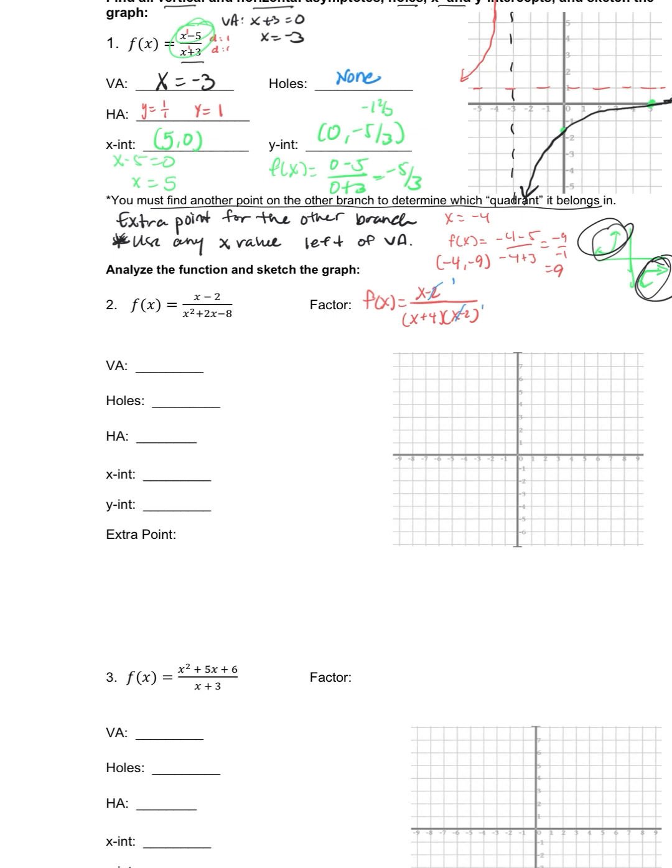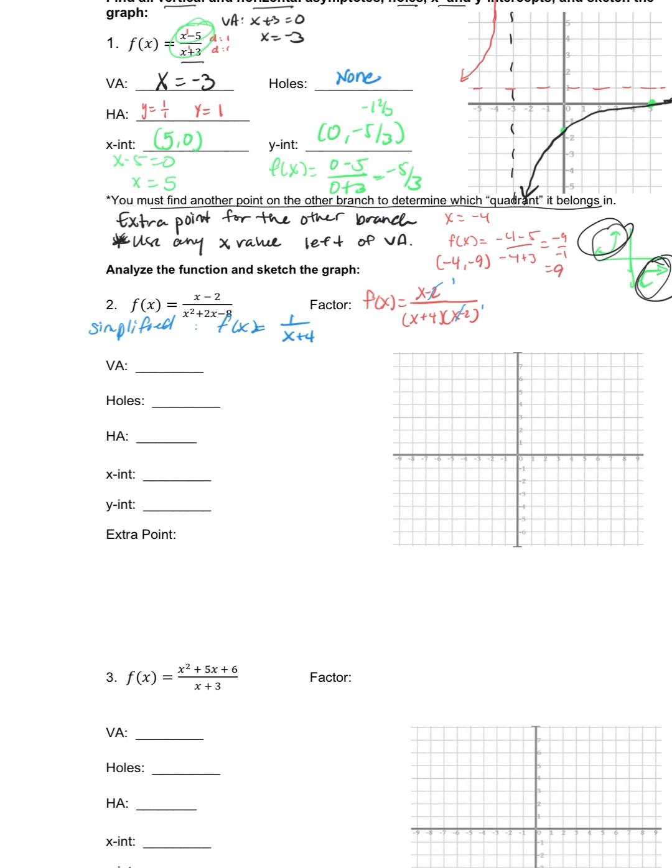It doesn't go away because you cancel it out. It's really that divided by x minus 2, which is 1. So now to write my simplified function, it is f of x equals 1 over x plus 4.